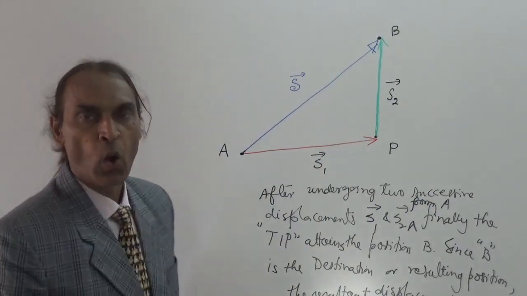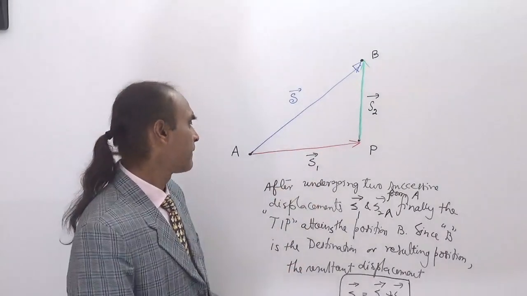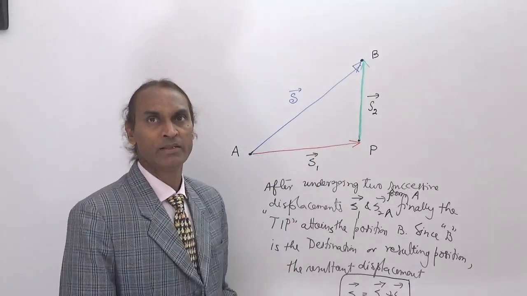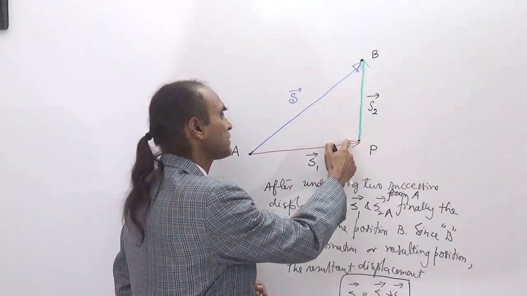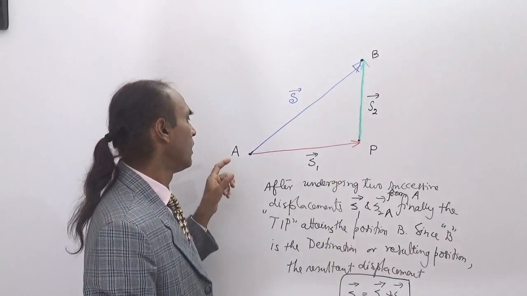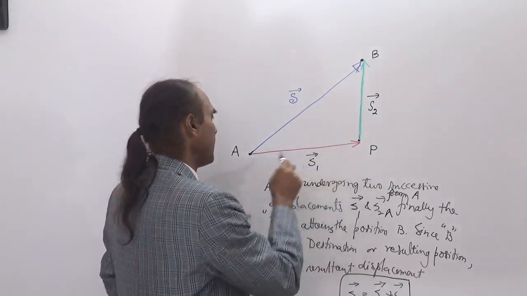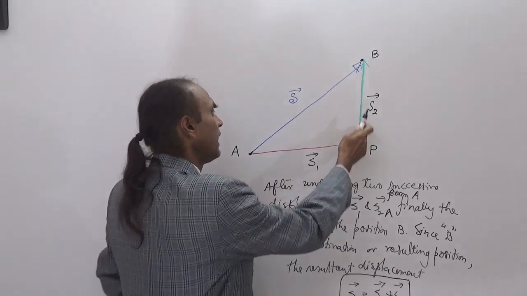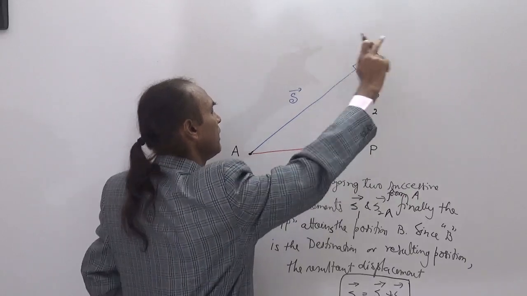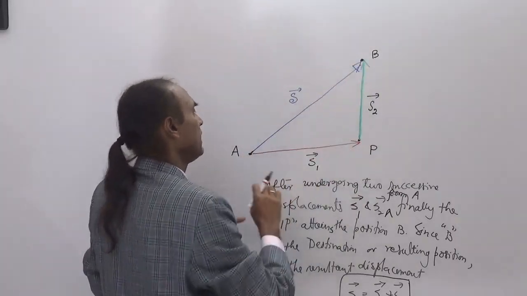So this particular effect gives us the idea of what a vector addition is. You can see here that we have conducted a real experiment. It is not an abstract thing. It is not just a construction. This is a real experiment: the tip undergoes the displacement S1, then it undergoes the displacement S2, and as a result, it attains this point B. AB is the displacement.